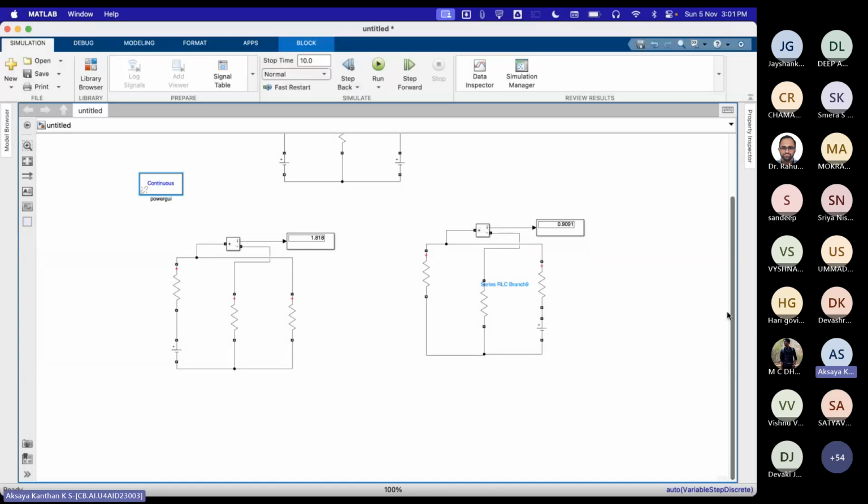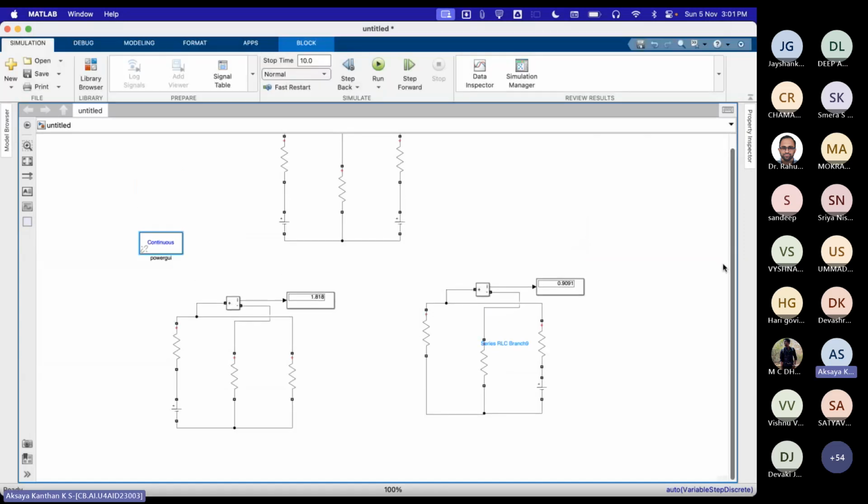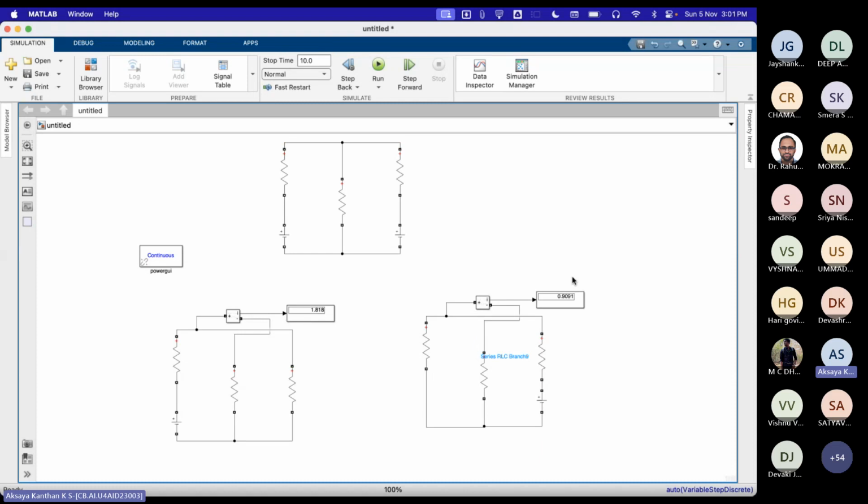Okay. Now I found out the two currents, and the sum of these two currents would be passing in this terminal AB.